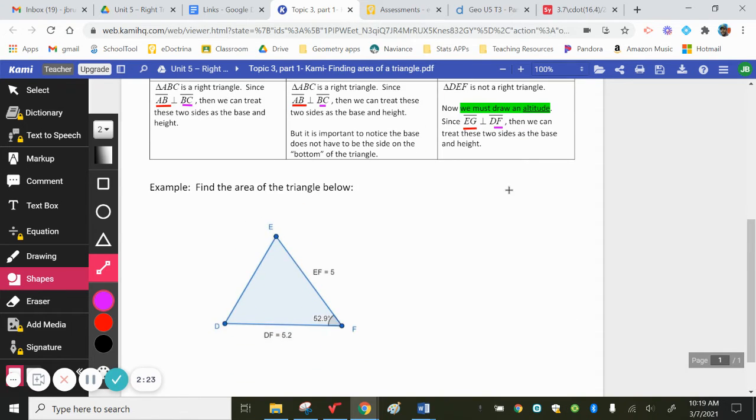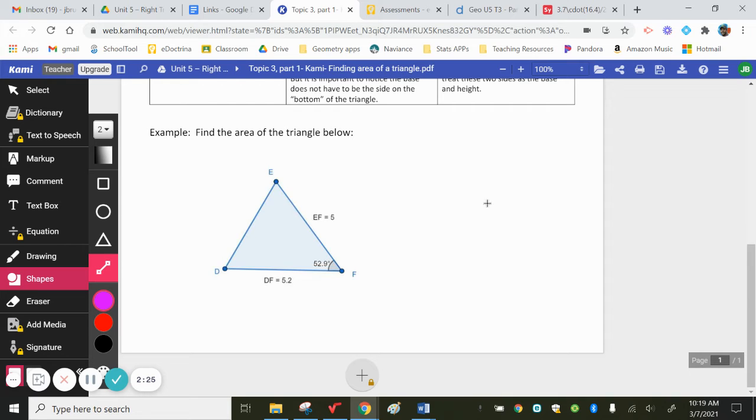Okay, so here I have an example of finding the area of this triangle. Notice that the triangle DEF is not a right triangle. I don't know what the measures of angles D and E are, but I know angle F is a 52.9 degree angle.